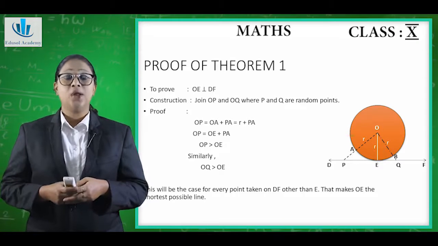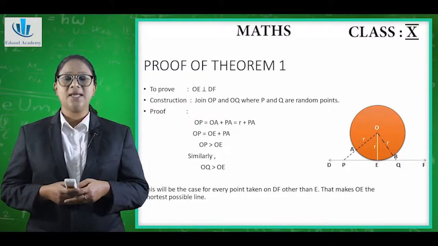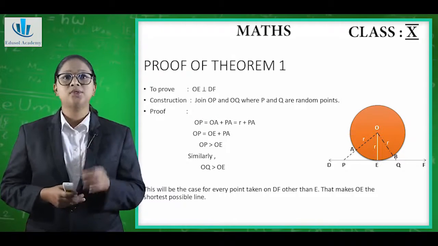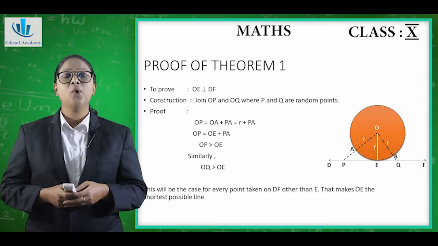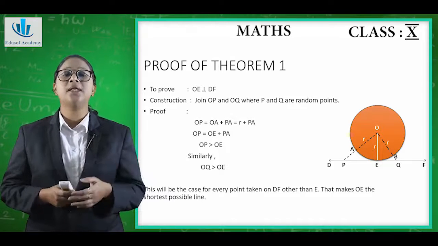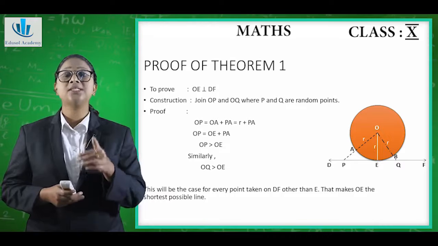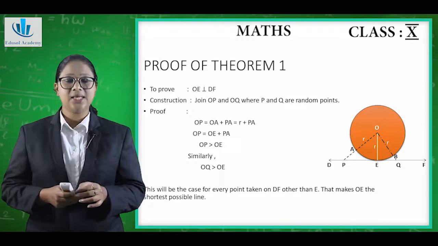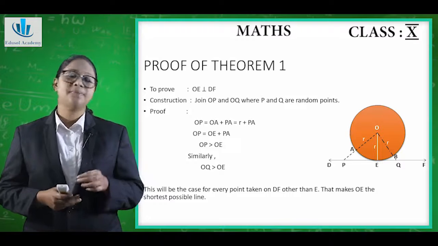Let's take the line OP. Now OP can be expressed as a combination of OA and AP. So OP is equal to OA plus PA. Now we know that OA is a radius, or r, so replace OA with r. So OP is equal to r plus PA.